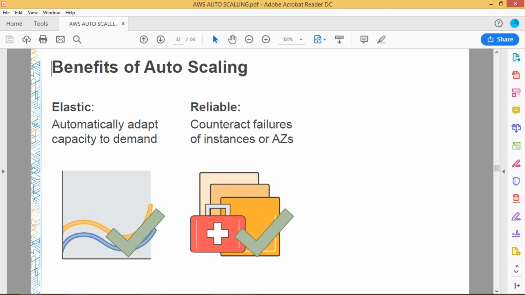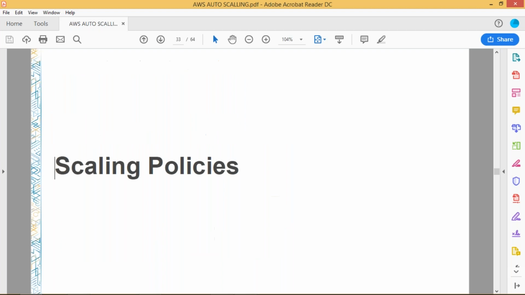You can make a plan to go for the Europe region, the Asia Pacific region, or the US regions, and as per the load coming to your website, you can modify it at the same time. So that is very reliable for the availability zone.